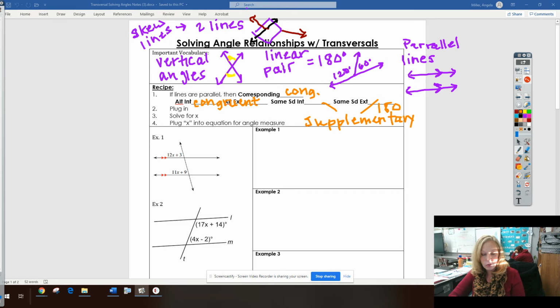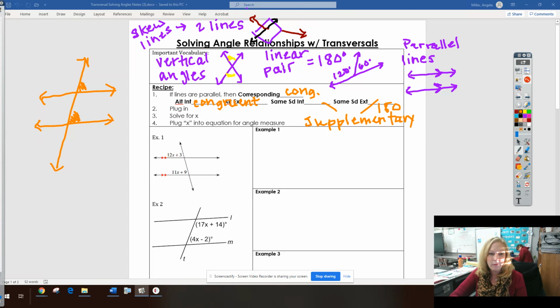Now, I want to remind you really quick about corresponding angles. Those are really the trickiest angles that we deal with. So the thing about corresponding angles is they have to be on top of the parallel lines. So if you look at this carefully, one of my angles here is outside of the house, and one of my angles is inside of the house.